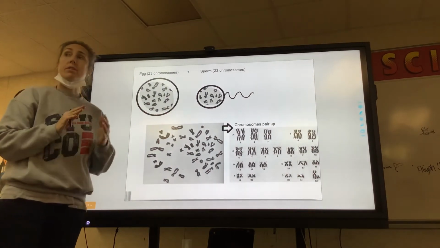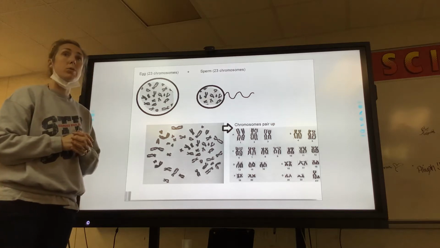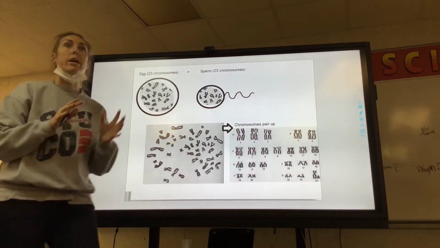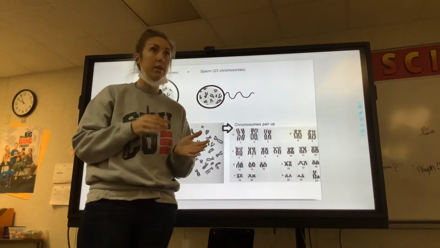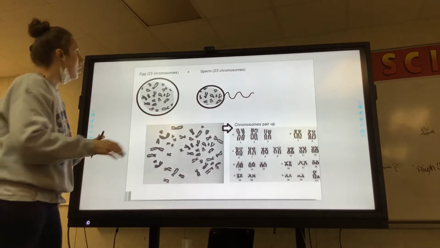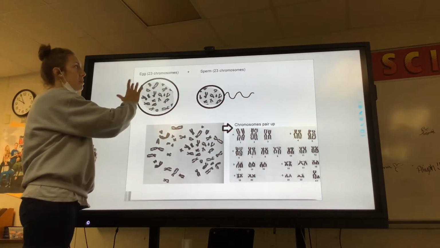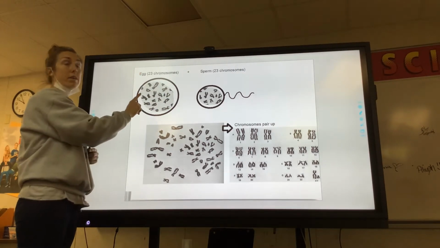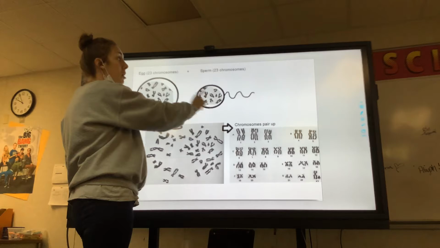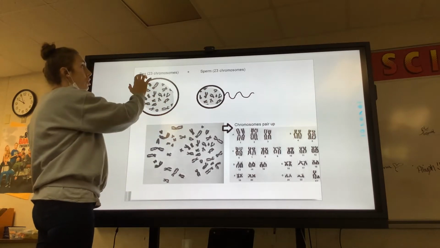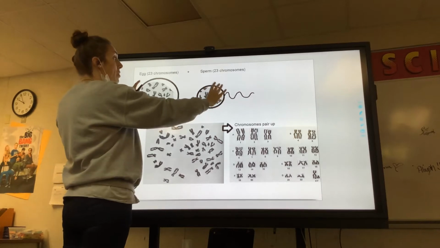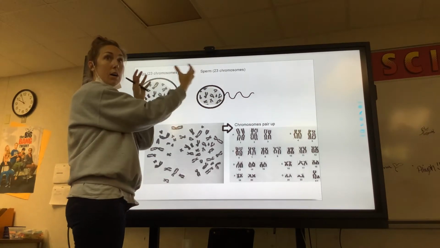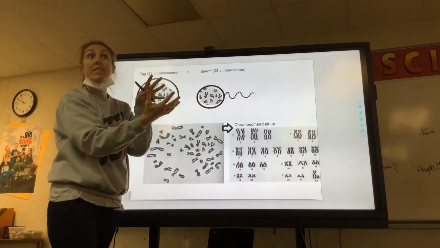Okay, now this is a recap to mitosis and meiosis, which we were hit or miss on because that's when we had the coronavirus stuff over Thanksgiving and then just recently. So this right here is representative of your mother's egg. This up here is your dad's sperm. So you get half of your genetics from your mom's egg and half from your dad's sperm. When they come together, you get a full set of DNA.